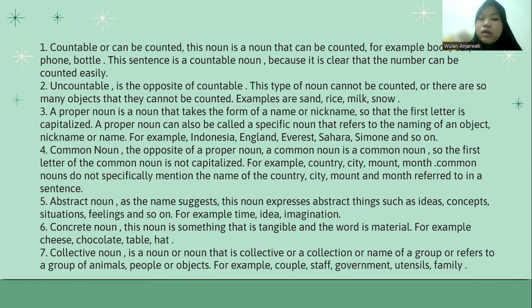For example, cheese, chocolate, table, hat. And the last, a collective noun, is a noun that is a collection or name of a group, or refers to a group of animals, people, or objects. For example, couple, staff, government, utensils, and family.